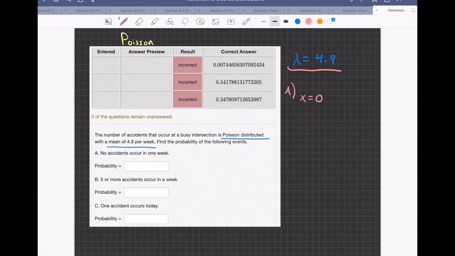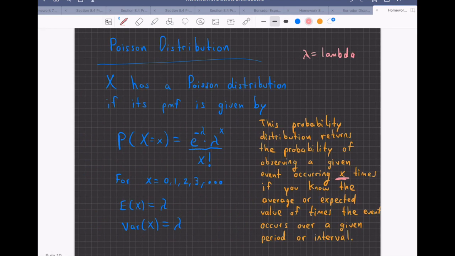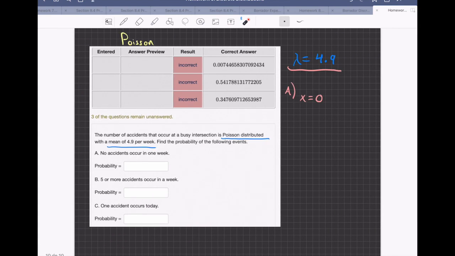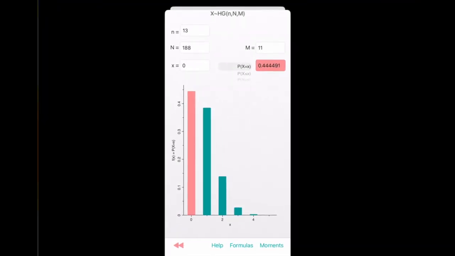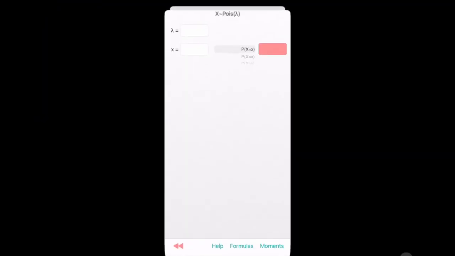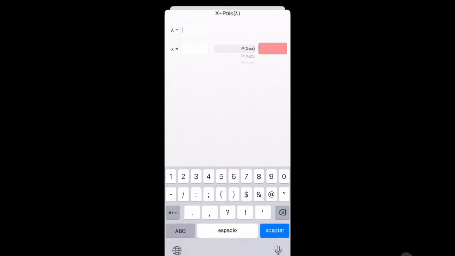So use the application, or you can use this formula directly if you want. This is the number e, the exponential function, evaluated at negative lambda, times lambda raised to the x, divided by x factorial. But we can use the application. Poisson is the last one, and it needs only one parameter, 4.9.